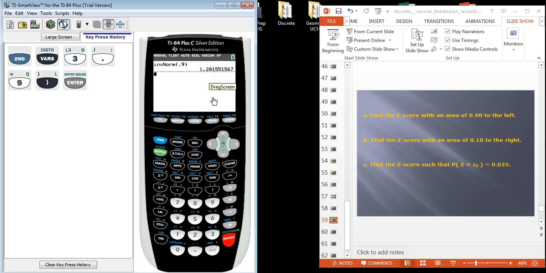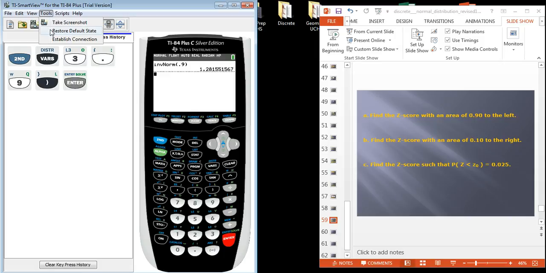Now, the next example, B, says find the z-score with an area of 0.1 to the right. When it's asking you for the z-score with the area to the right, the way we would enter it here is we would just take 1 minus.